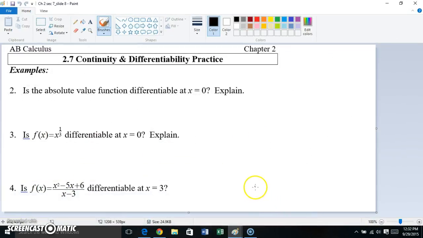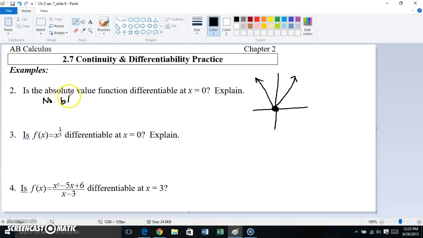Is the absolute value function differentiable at x equals 0? Whoops, that's not a good y-axis. Let's try that again. A little bit better. Okay, is the absolute value differentiable at x equals 0?